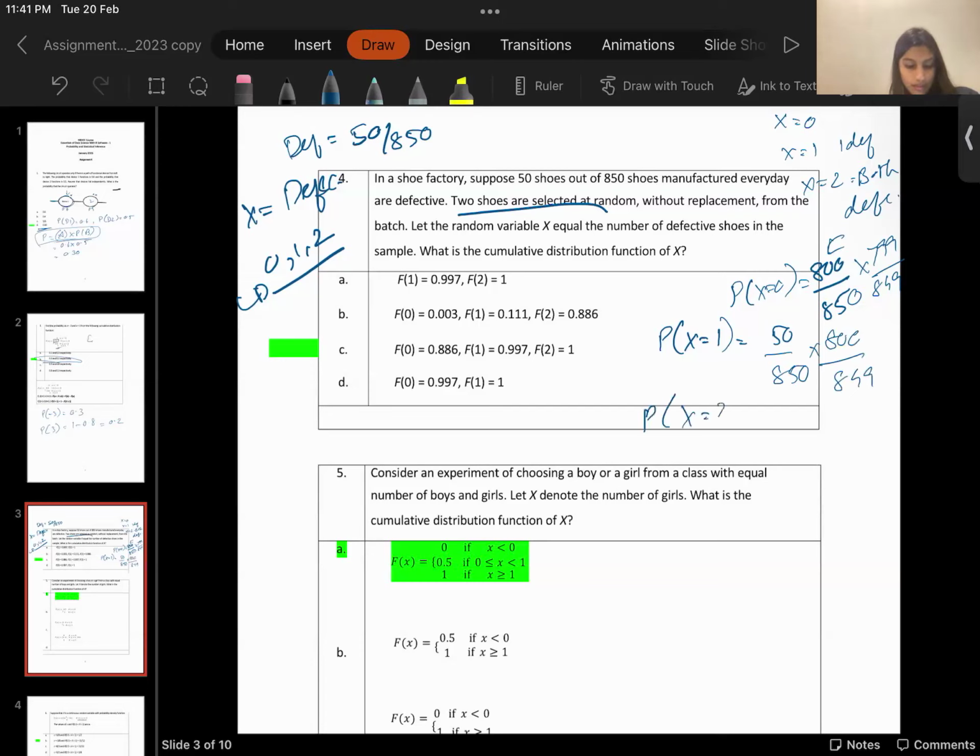And probability of X is equal to 2 is when both shoes are defective. So you pick it from the defective lot. So 50 by 850 times 49 by 849. So solving for all these, you'll be able to calculate the values.